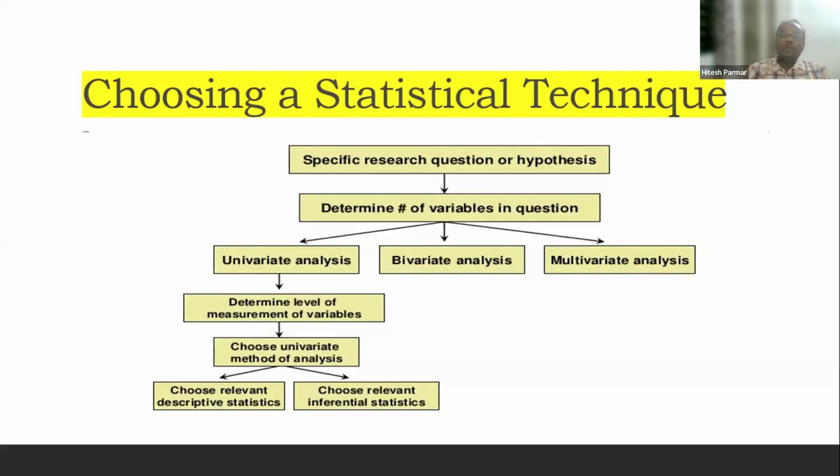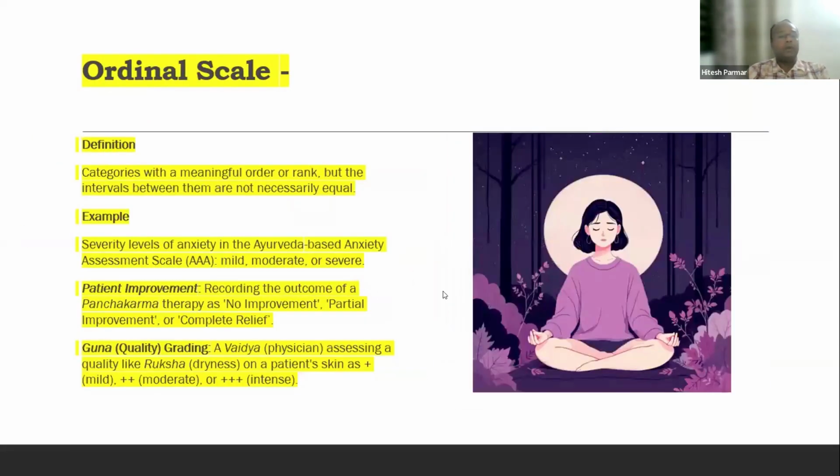Say for example, you have ordinal data. Then what will you do? The same. Say you have anxiety classified as mild, moderate, or severe.